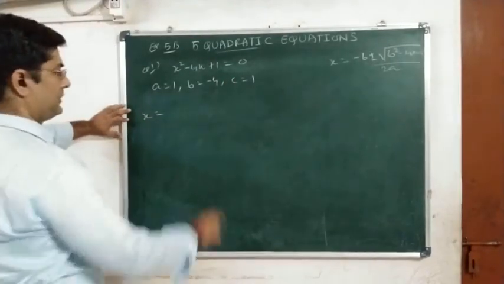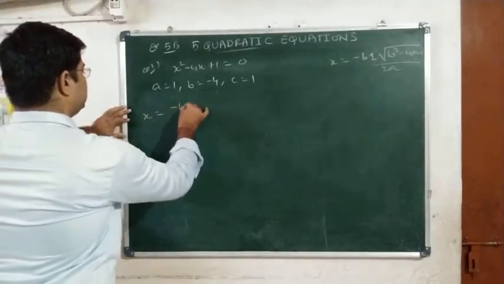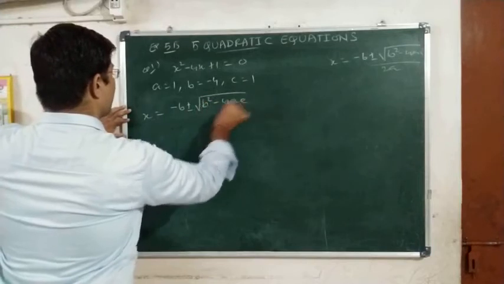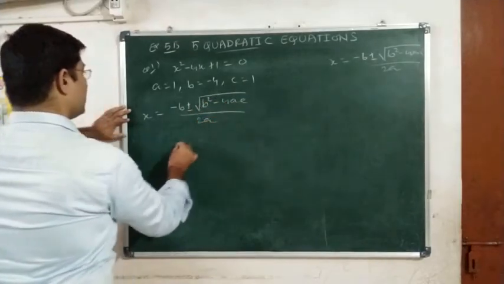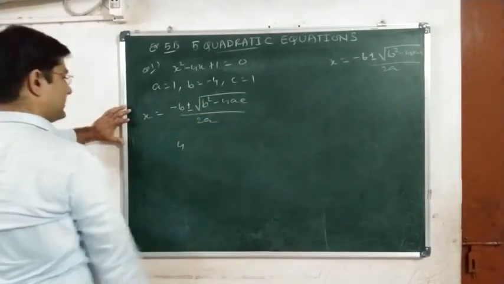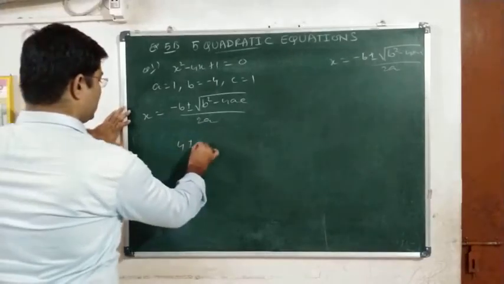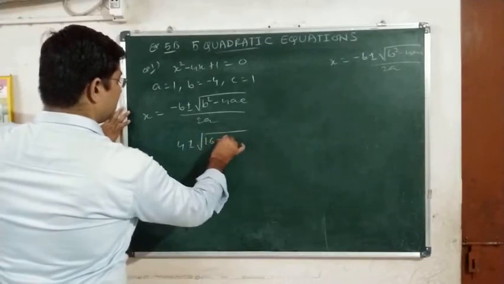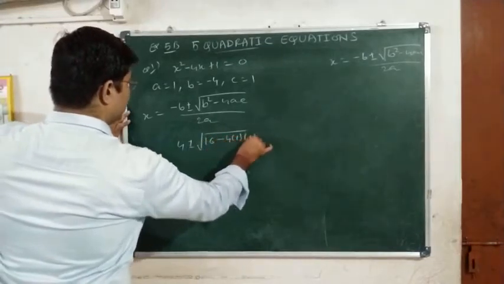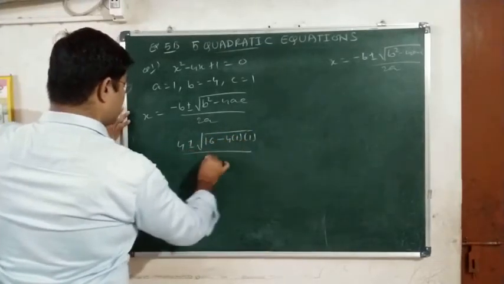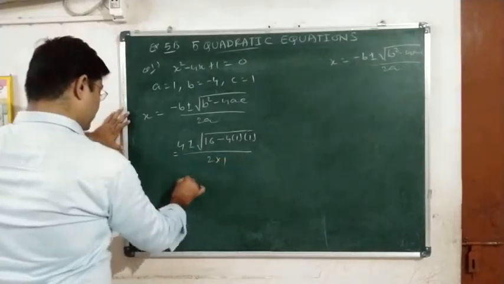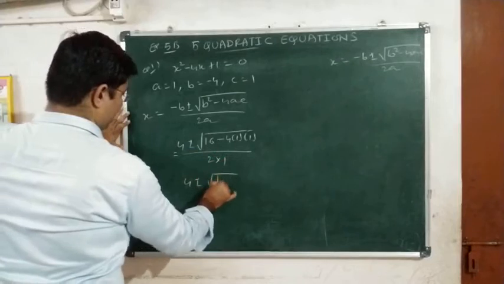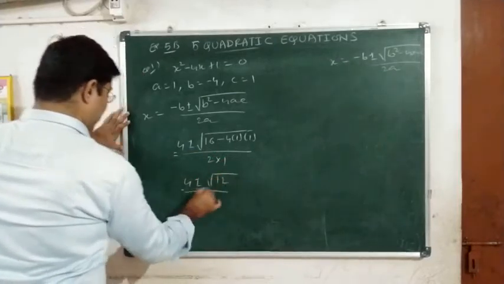Let us put the values in the formula. Now minus b, so plus 4 plus or minus square root of 16 minus 4 into 1 into 1, upon 2 into 1. So 4 plus or minus square root of 16 minus 4, which is 12, by 2.